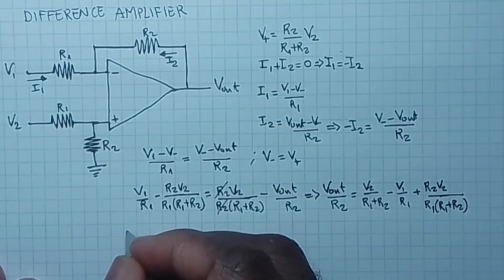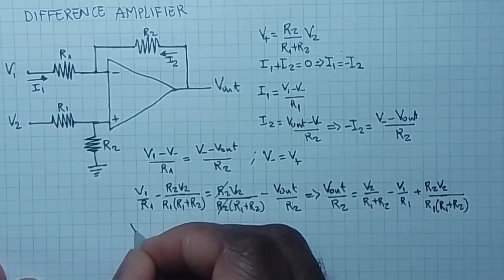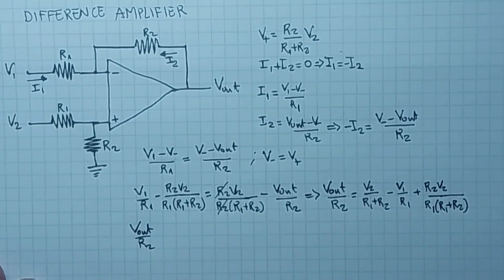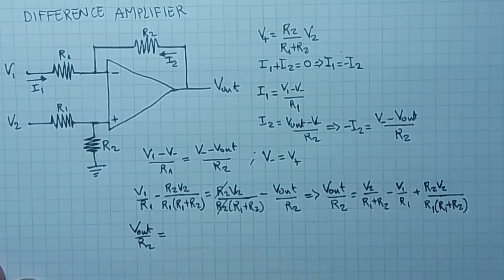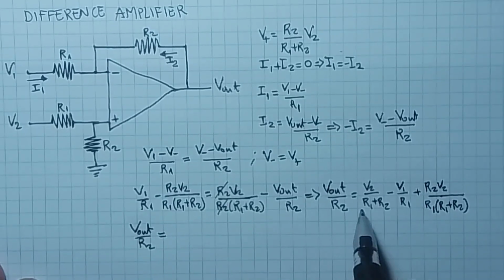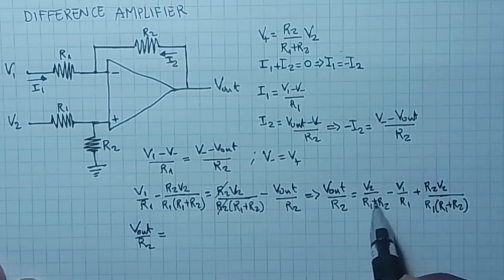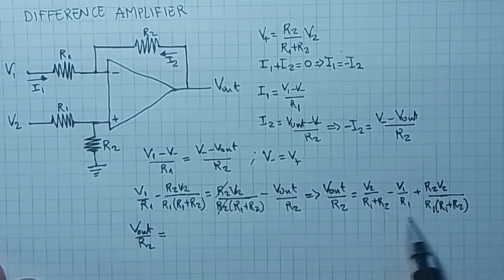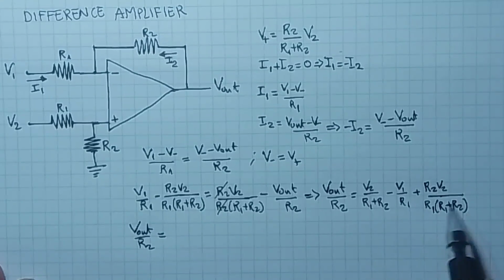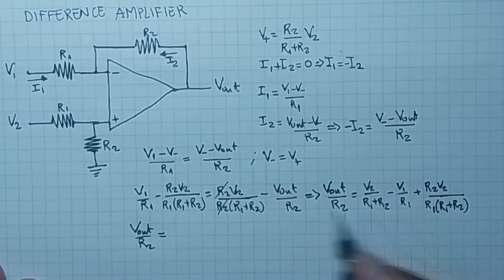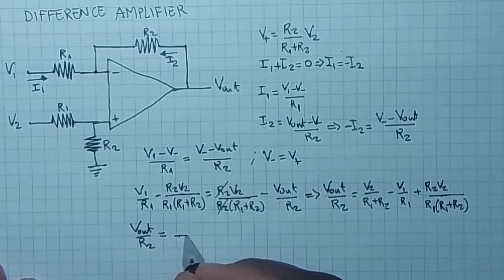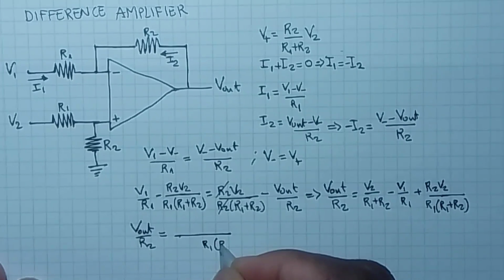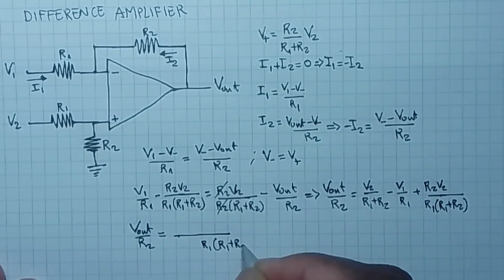Again, V out over R2 will be equal to, so let's find the common denominator of the second right term. So the common denominator is R1 plus R2.